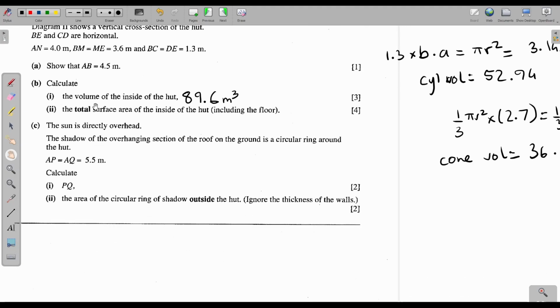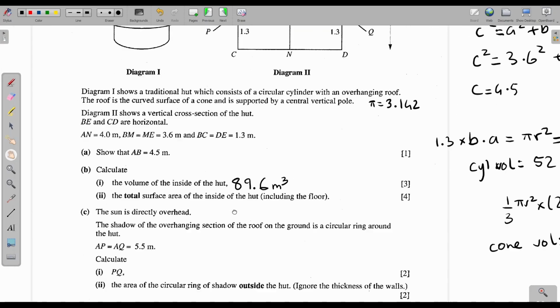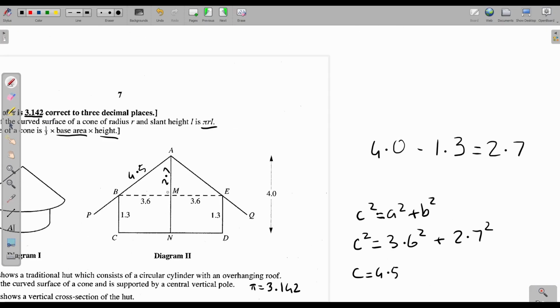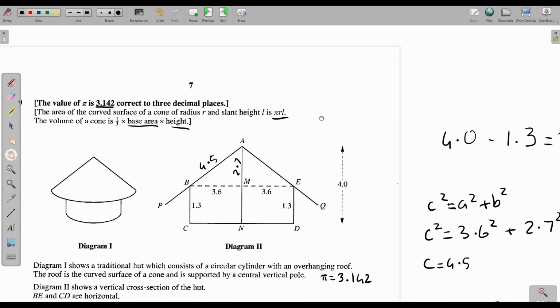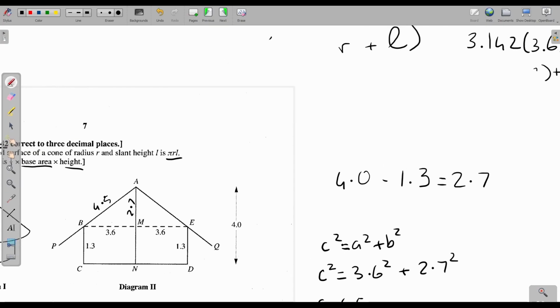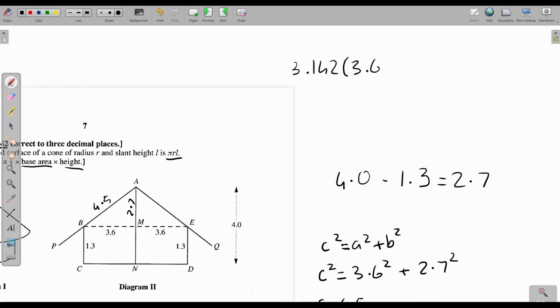Okay, the second part they want us to calculate is the total surface area of the inside. So now they want the surface area. We want the curved surface area of a cone of radius r, so we want 3.142 into 2.6 into 2.7, right? That's the first curved surface area.